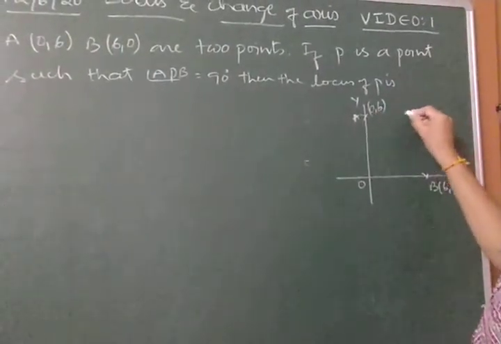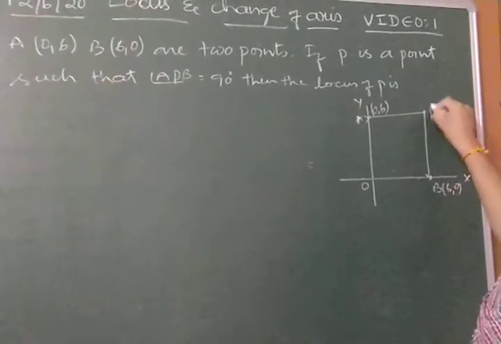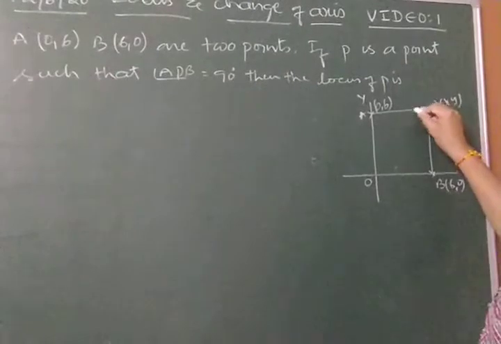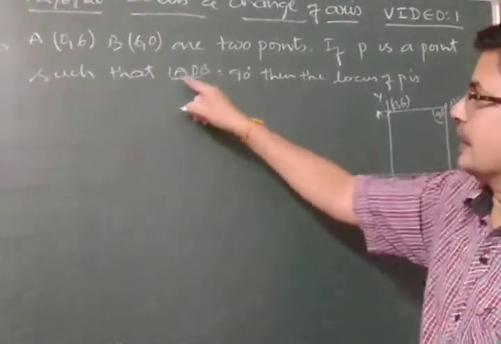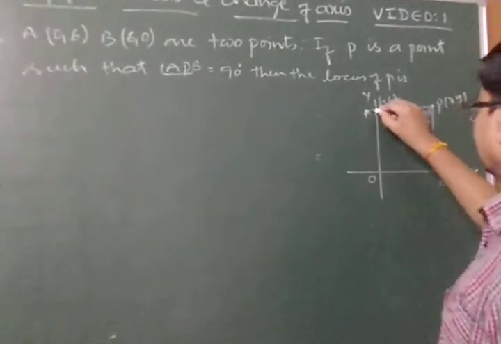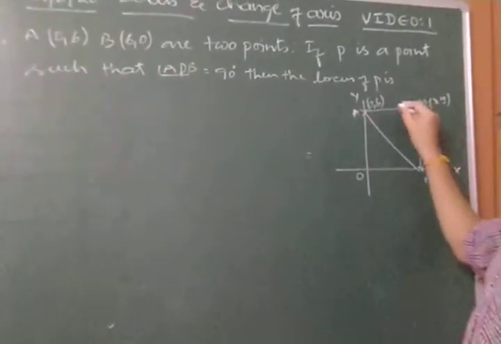and these 2 points, P(x, y) is a point which makes an angle 90 degrees. Given angle APB is equal to 90 degrees. APB is 90 degrees. And join these 2 points. Now we get a right angled triangle.